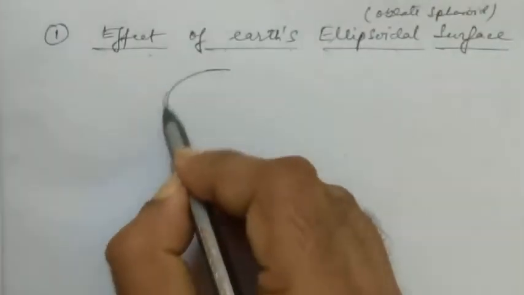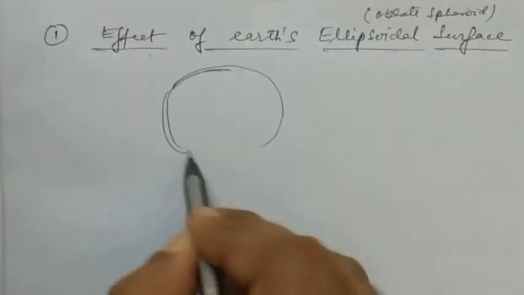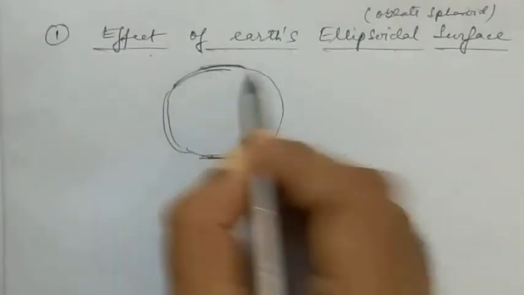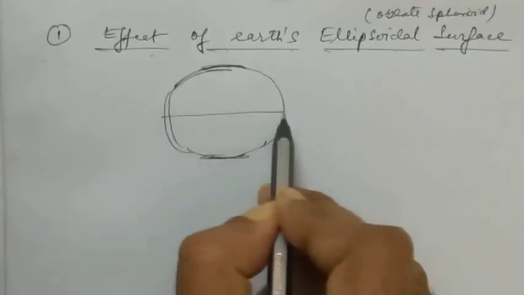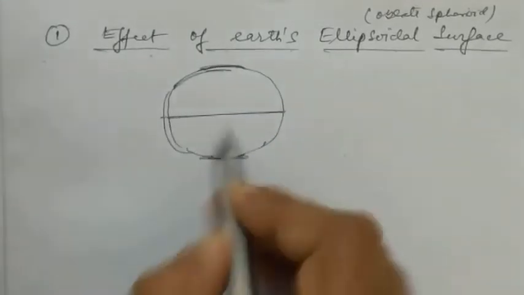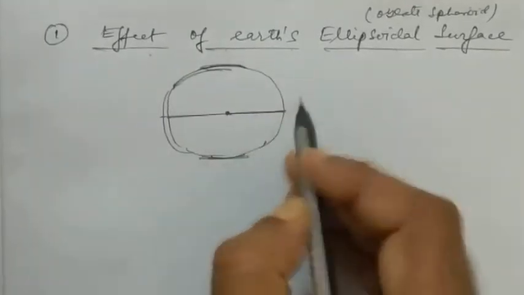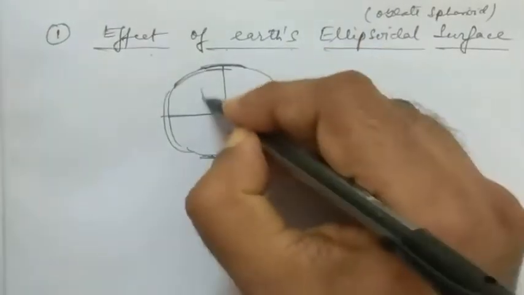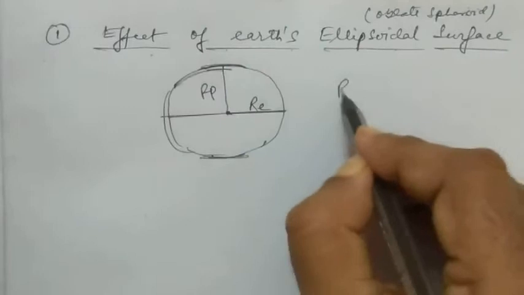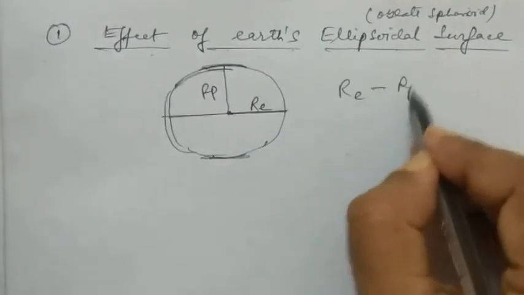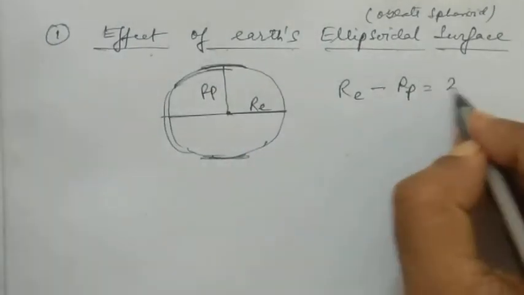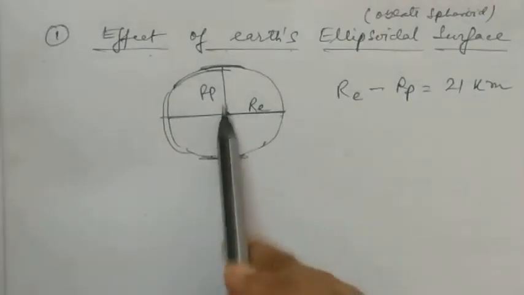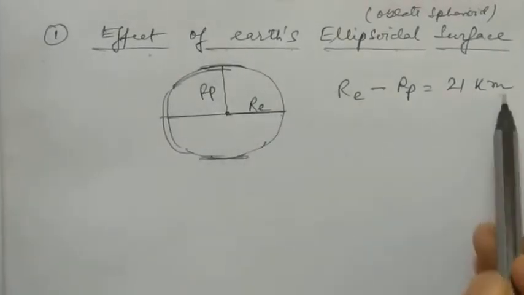Now if you draw the shape of the Earth, the poles are tapered. You can call this the equatorial radius and this the polar radius. We all know the difference between the equatorial radius and the polar radius is 21 kilometers.